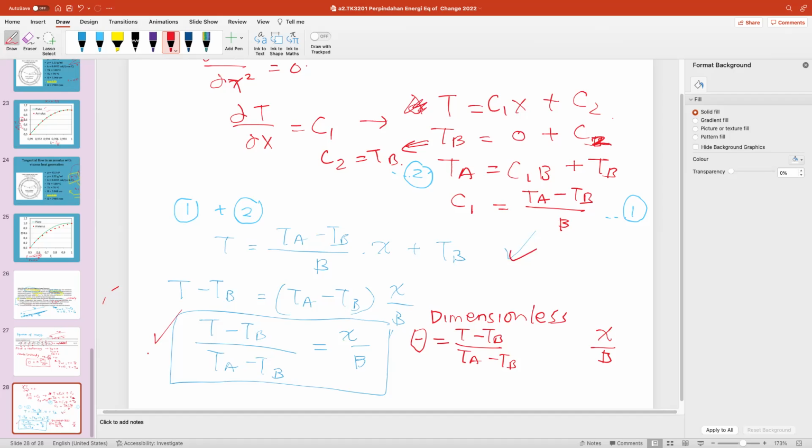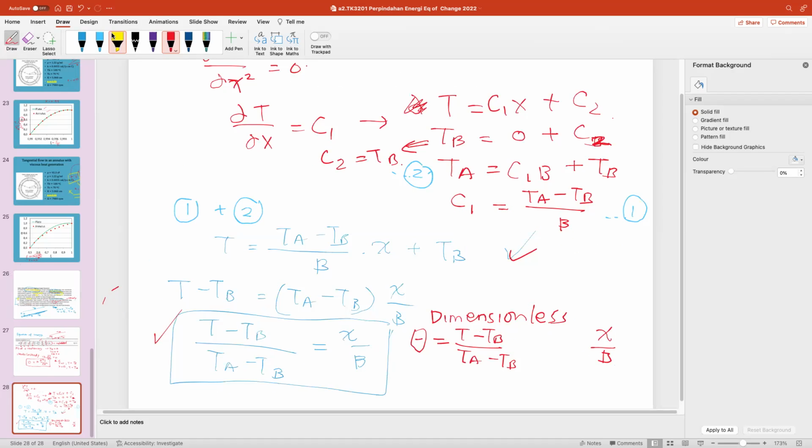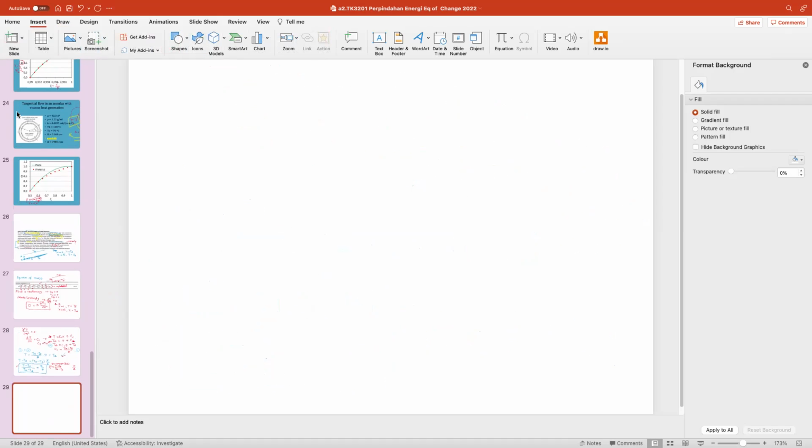Okay, and then the last one, oh, it is almost 11. And then find the equation that shows the average temperature. For the average temperature, you can go back to, I think, the momentum transfer.